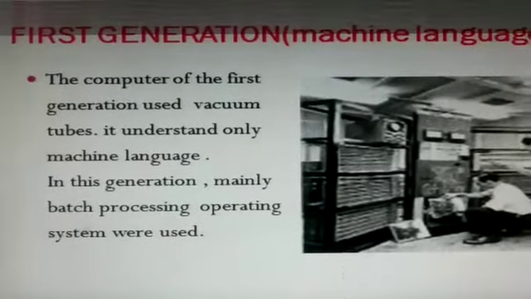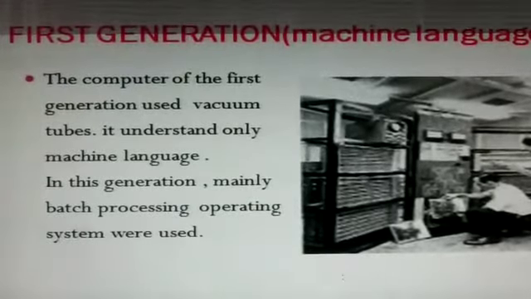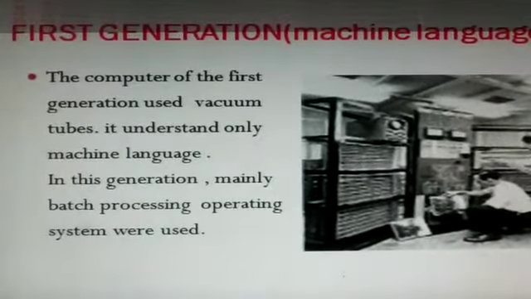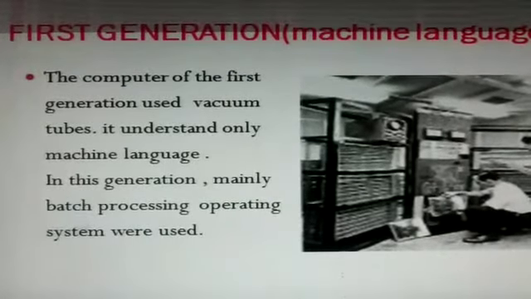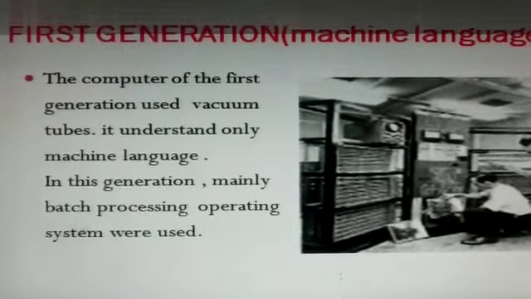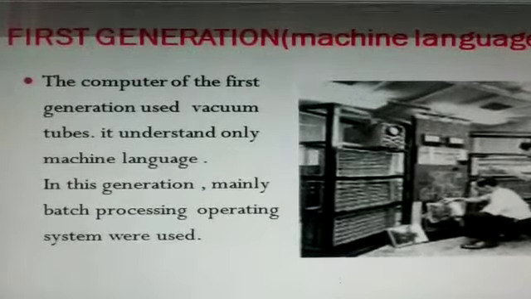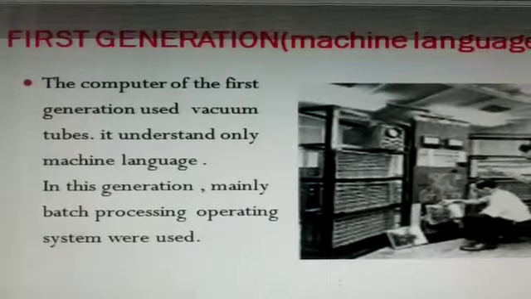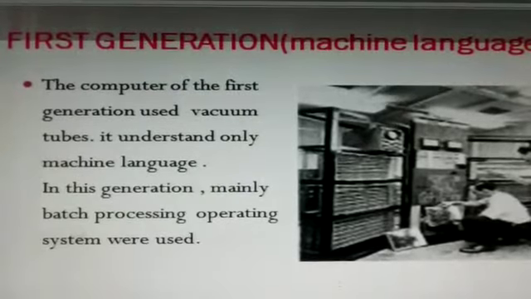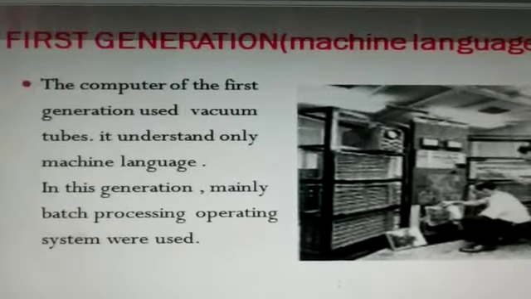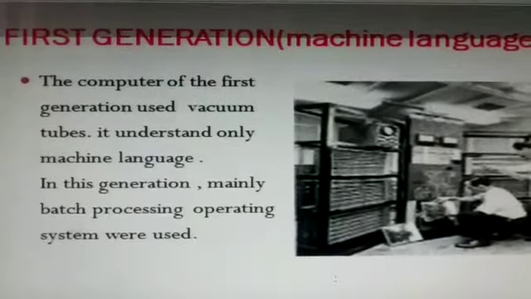Here you can see in this image it is huge in size and it generated lots of heat. That's why AC is also needed and it is very costly. Some examples of this generation are ENIAC, EDVAC and UNIVAC. IBM 701 and IBM 650 are also examples of first generation computers.